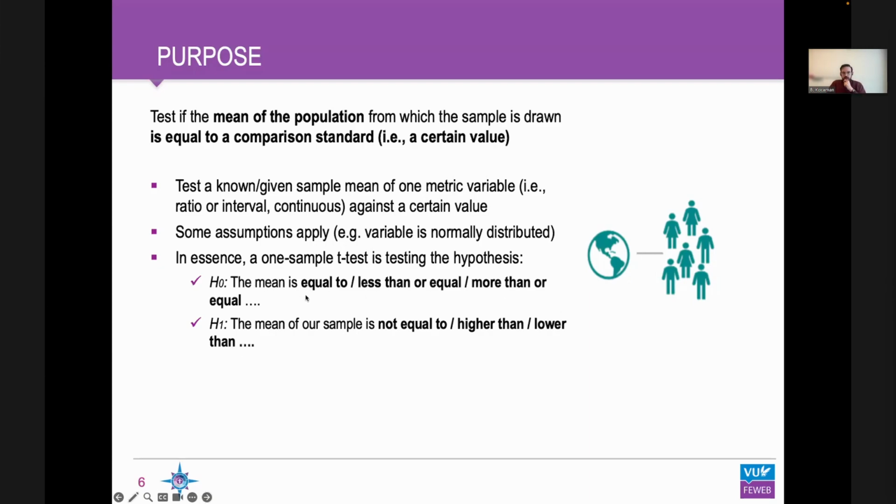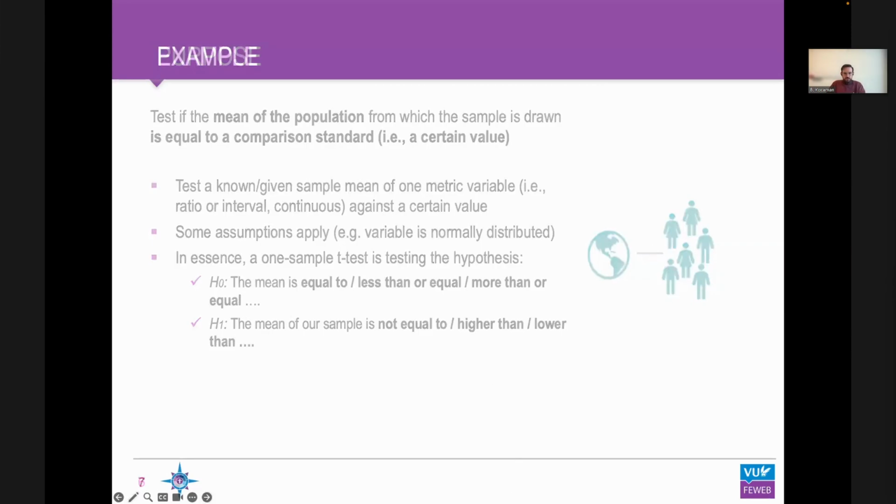So here, this equal to, as we saw yesterday, the mean is equal to 5, for instance, would be a two-sided hypothesis. But if you have less than or equal to or more than or equal to in H0, this would be a one-sided test. Let's now look at an example.